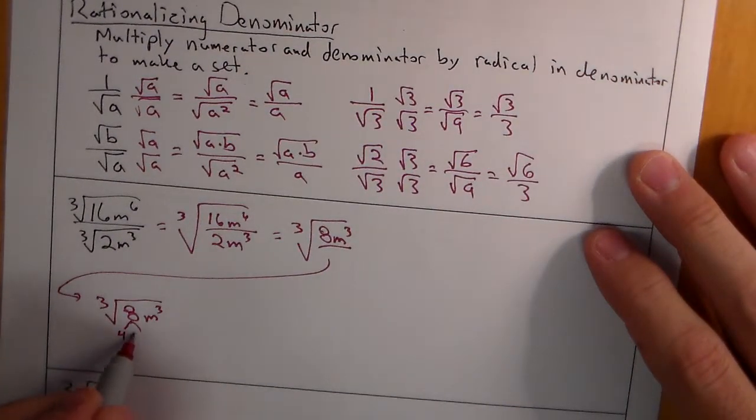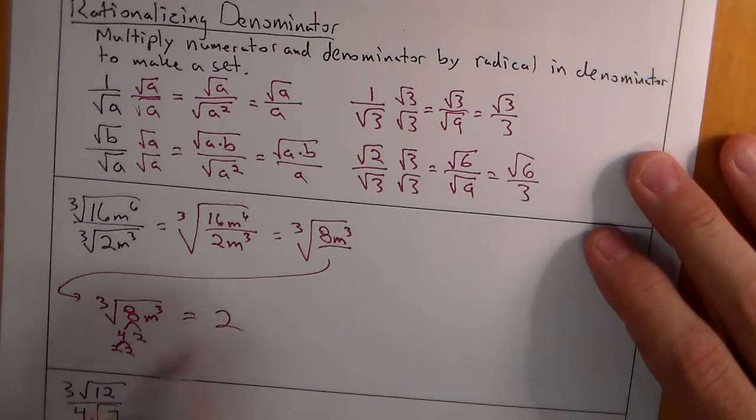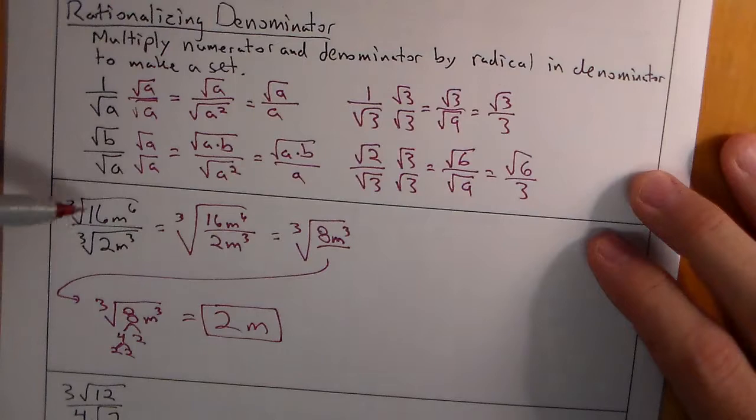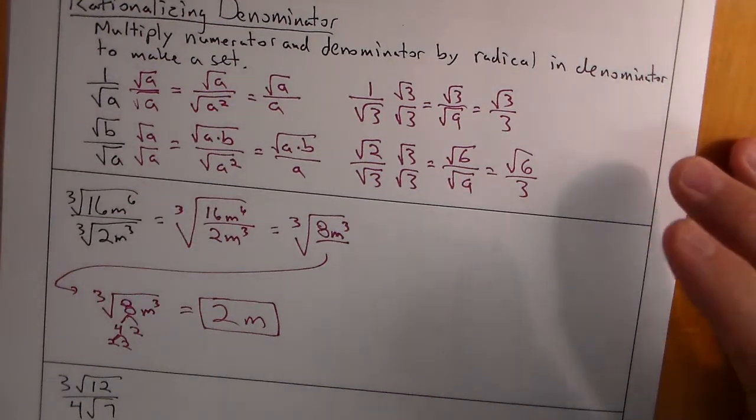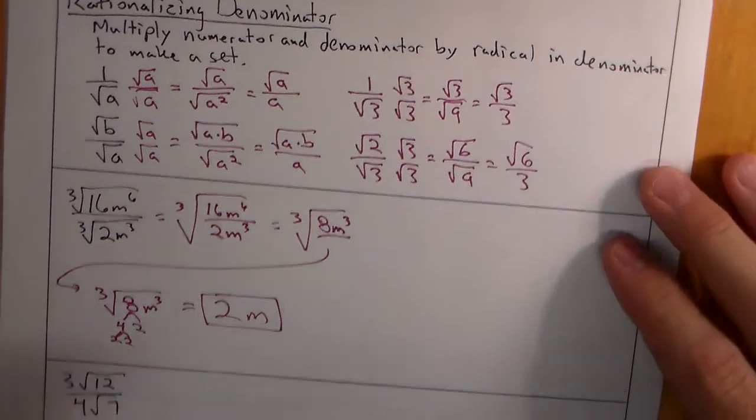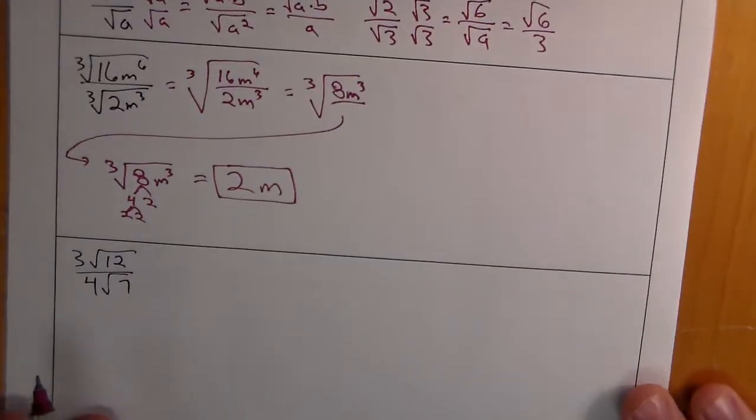Now we know 8 is 4 times 2, which is 2 and 2. So that's going to bring a 2 out. No radical left, no number left on the radical. Then m to the 3rd, it's a set of 3's, so that is 2m. So this whole thing simplified down to 2m by us simplifying the fraction first. Won't always be the case, but we look for that because it does make our process easier.